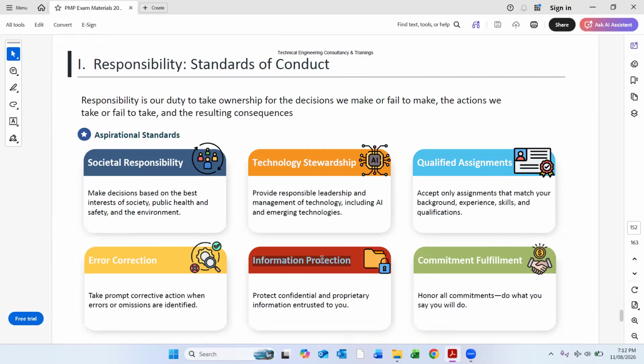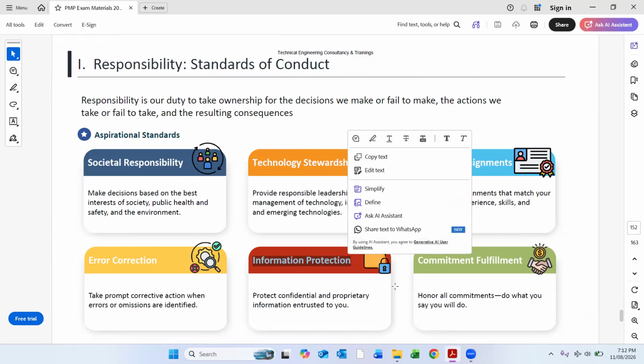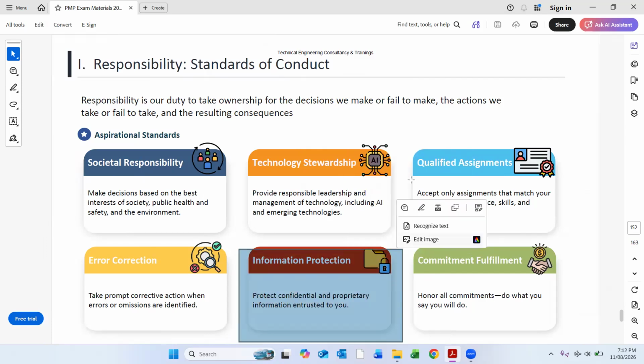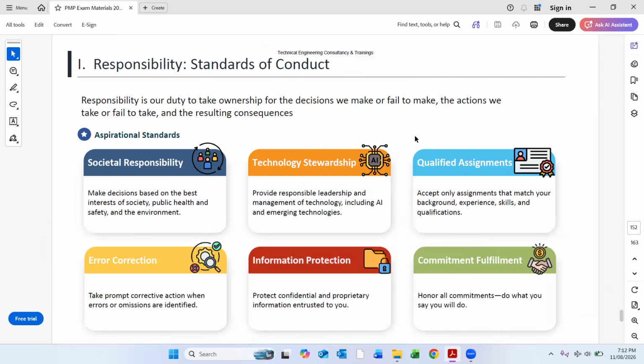Information protection is about the confidential information we are sharing. If our company restricts us from sharing confidential information, then as a PMP, a project management professional, we should adhere to the confidentiality of those documents.